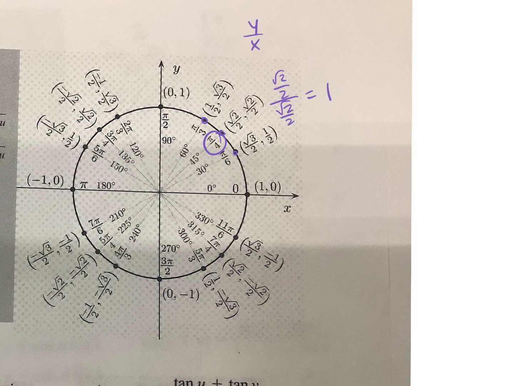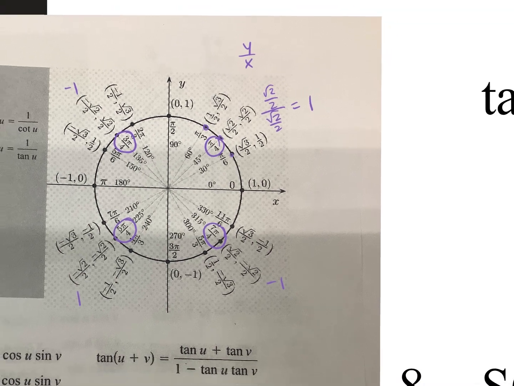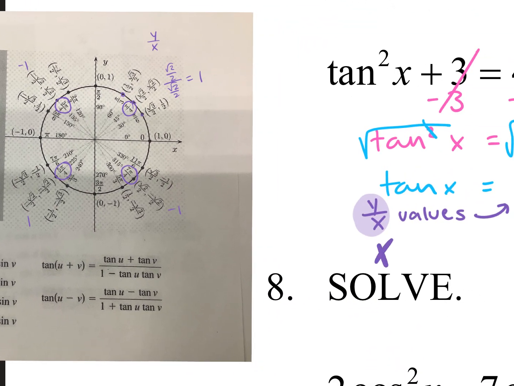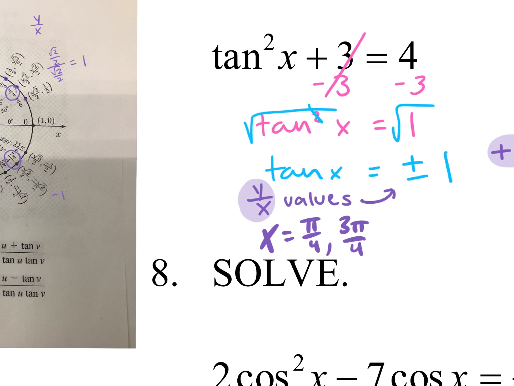So we know that it's going to be the ones with 4 in the denominator. So this one would be -1. This one here, 5 pi over 4, would be +1, and then 7 pi over 4 would be -1. So we're looking for +1s and -1s, so it would be all 4 of those. So we'd have x is equal to pi over 4, 3 pi over 4, 5 pi over 4, and 7 pi over 4.